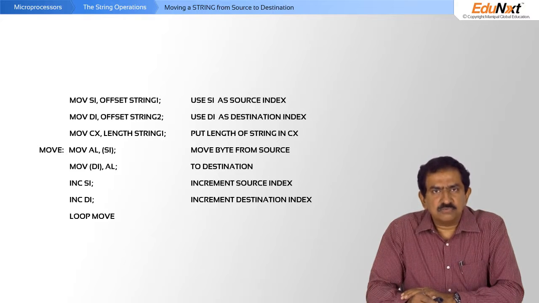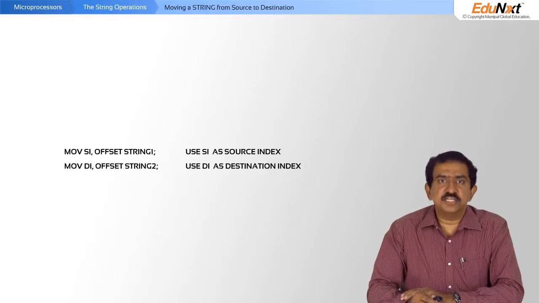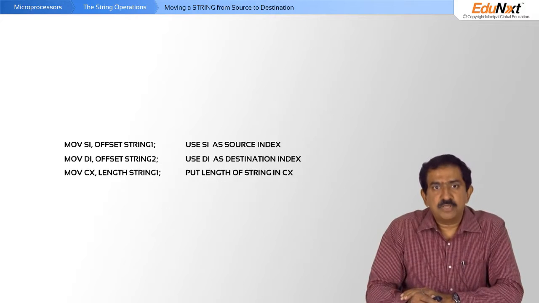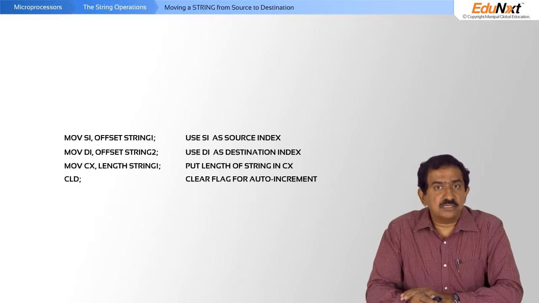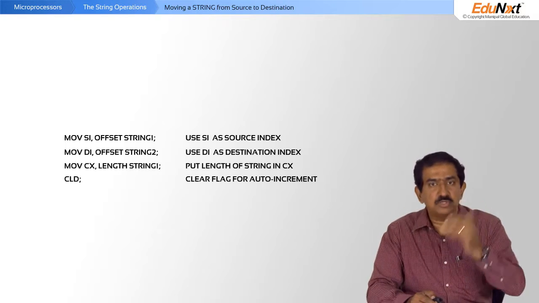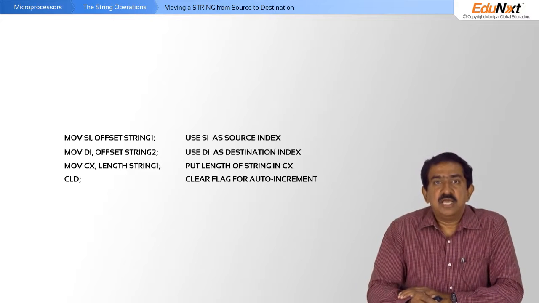Fairly costly set of instructions just to simply move a bunch of memory locations from one area to another. If you were to use the string operation, you still have to initialize the source index, destination index, and the count. You would also have to clear the direction flag, CLD. That clears the direction flag, just to say that it is counting auto increment. And then you have one instruction followed by the loop.